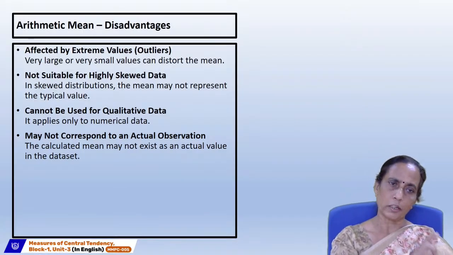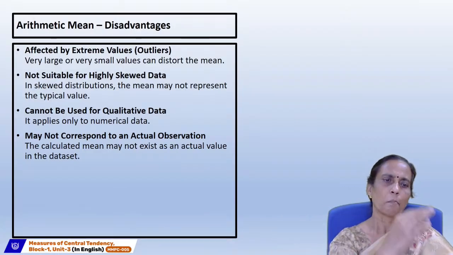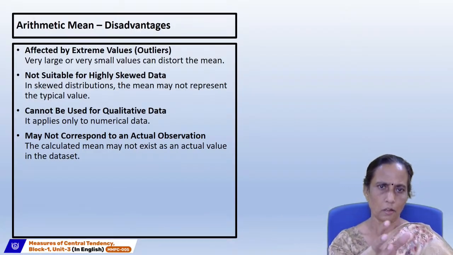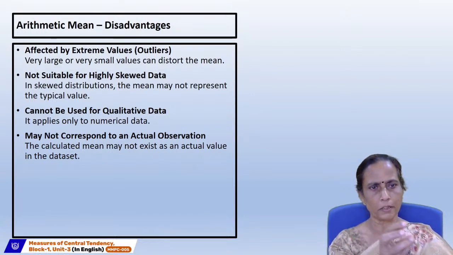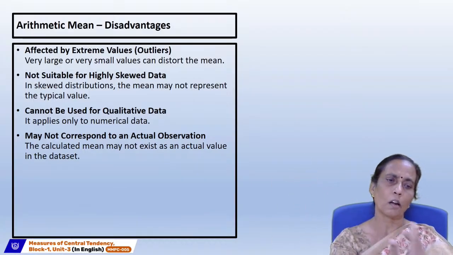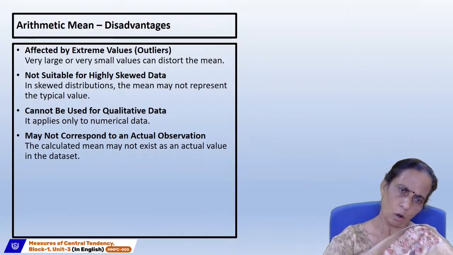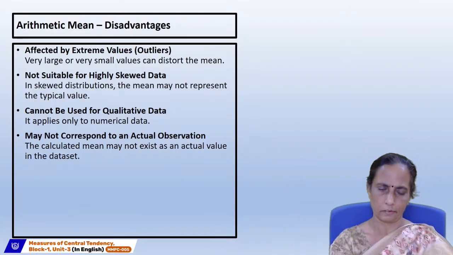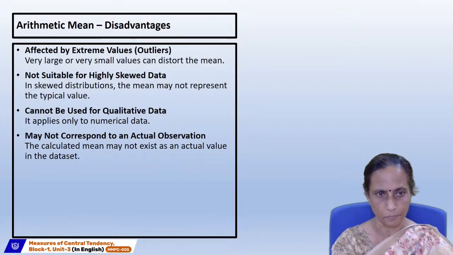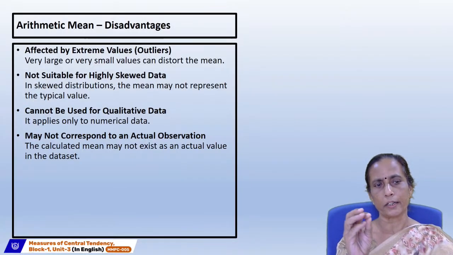And number two, it is not suitable for highly skewed data. That means the mean may not represent a typical value, because many other values are smaller or larger. By skewed, I mean the curve will have a long tail. Number three, it cannot be used for qualitative data.